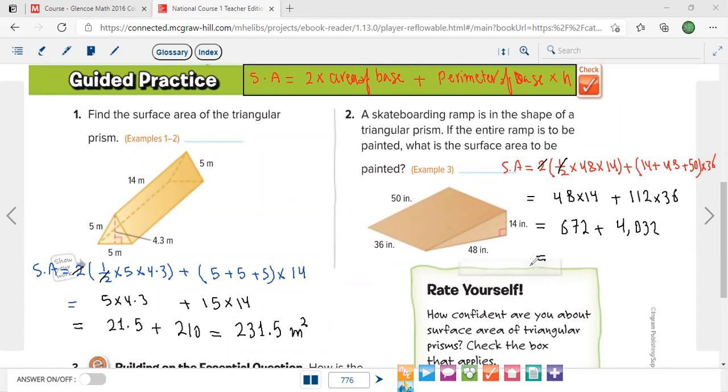And if you add it to 672, this should give you 4704 inch square. Inch squared because this is an area.